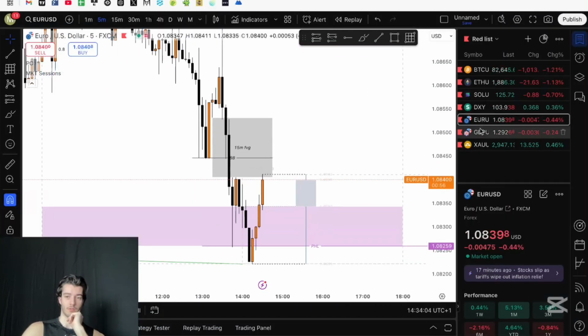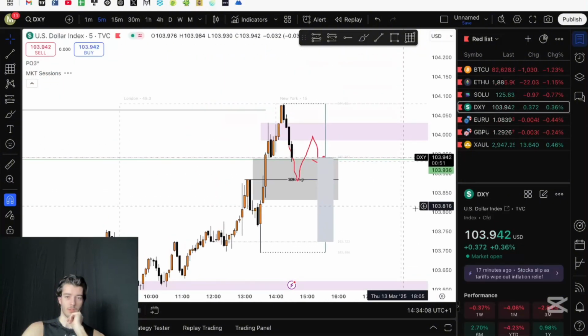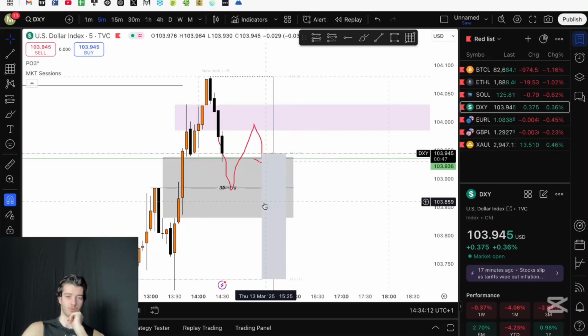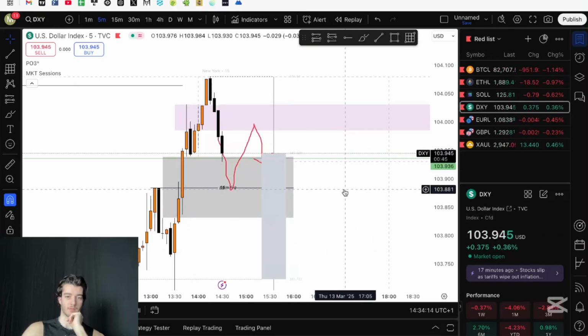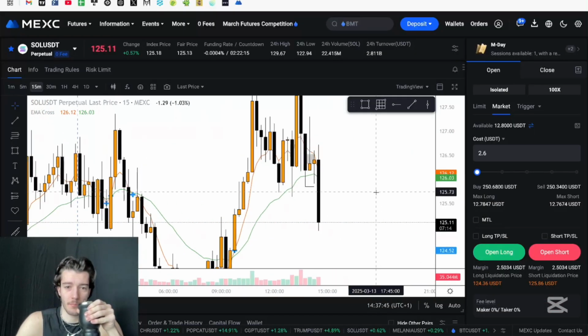On Euro and on GU we are currently doing what we drew on the dollar, so I also am gonna just wait for that to play out. Solana is pushing to the downside beautifully.